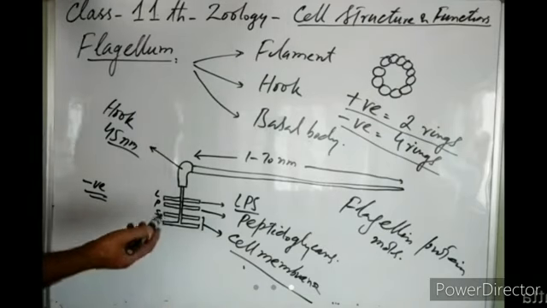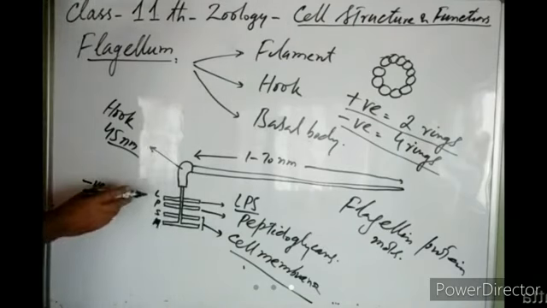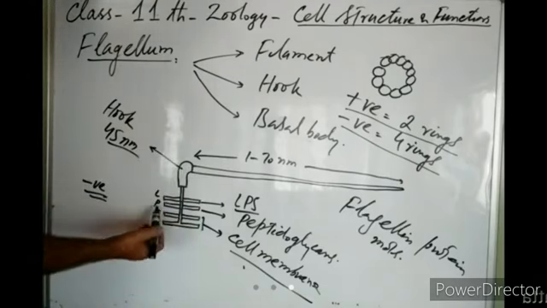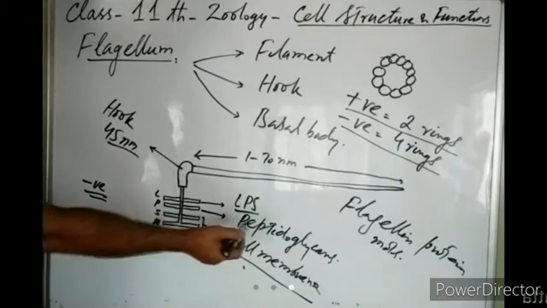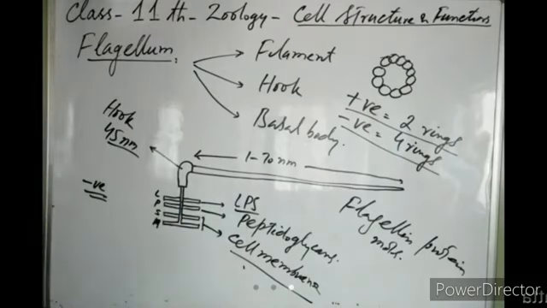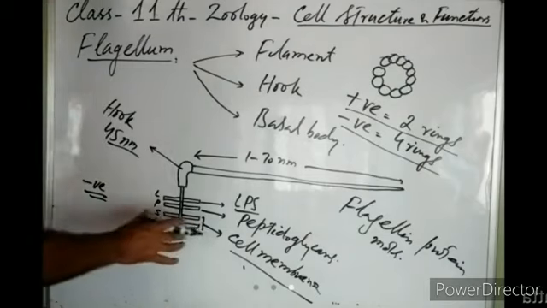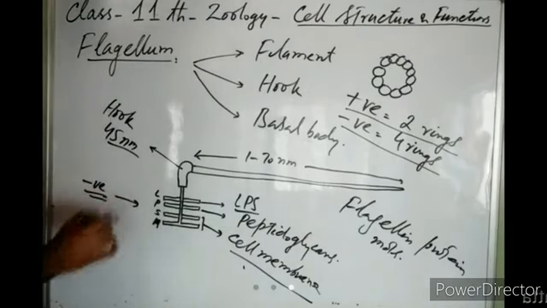It is present in the lipopolysaccharide covering, in the glycocalyx, right? The P ring is present in peptidoglycans, embedded in the cell wall. And the S and M rings are embedded in the cell membrane, right? So these are the 4 rings of gram-negative bacteria.